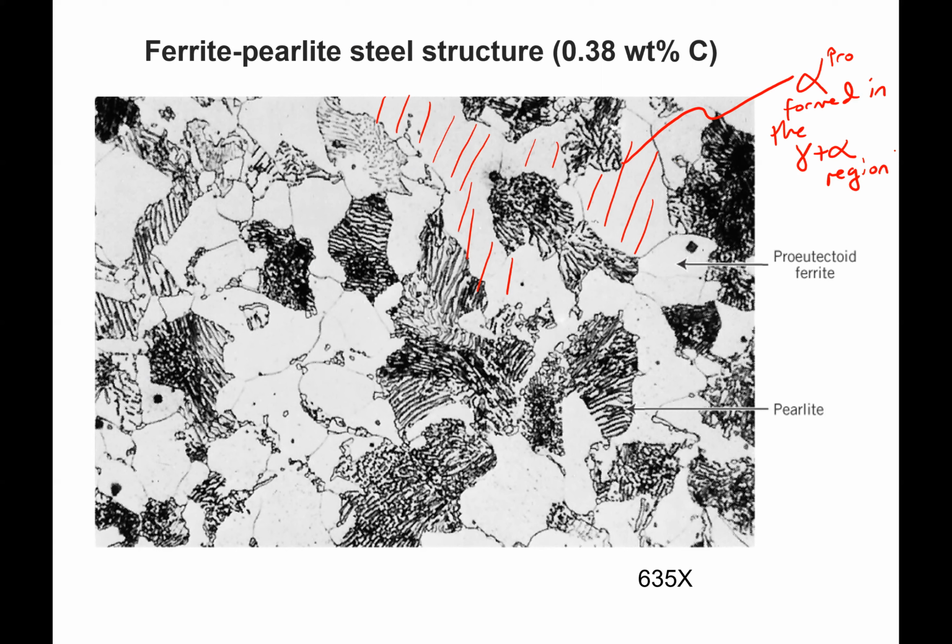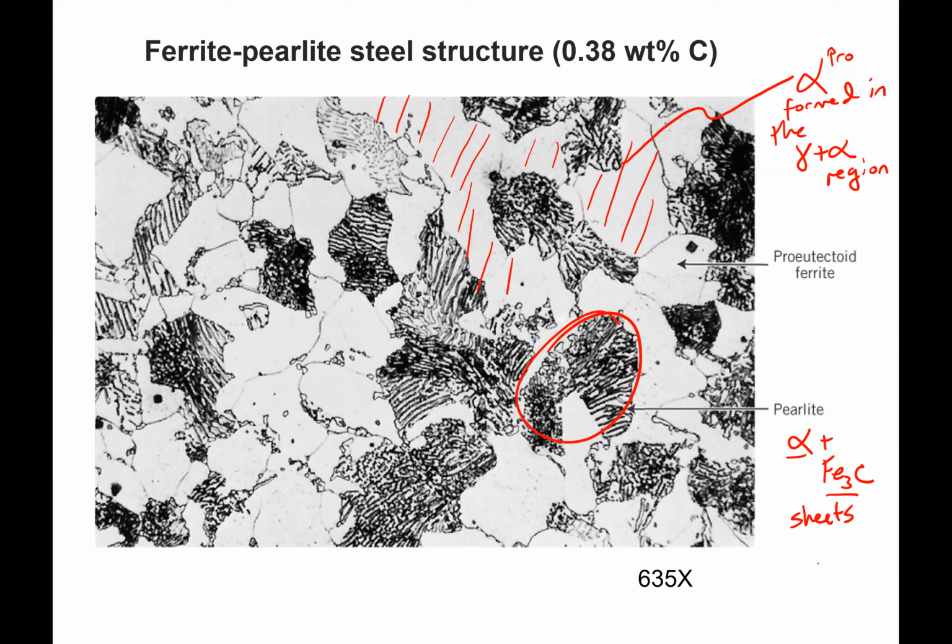And then once we cross over into the two-phase ferrite plus cementite region, the gamma that's left from the previous case transforms into this pearlite. Right? We have a heterogeneous mixture now of ferrite and cementite in sheets or layers. So that's our eutectoid structure. So that's how we can distinguish the two.